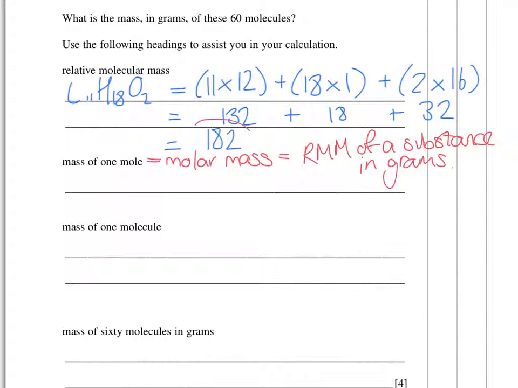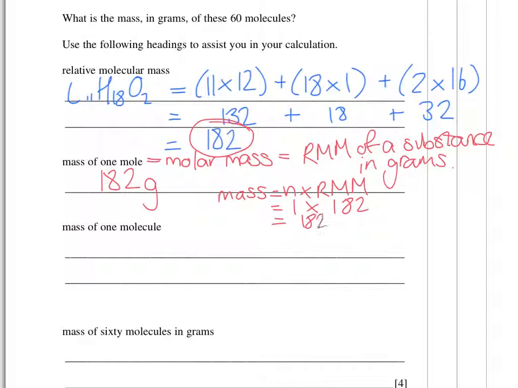So if our RMM is 182, then it's 182 grams. If you really wanted, you could do mass equals n times RMM, which would be 1 times 182 is 182 grams. But the relative molecular mass gives you the mass of 1 mole in grams.